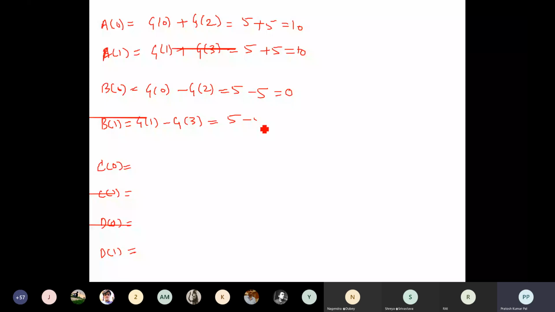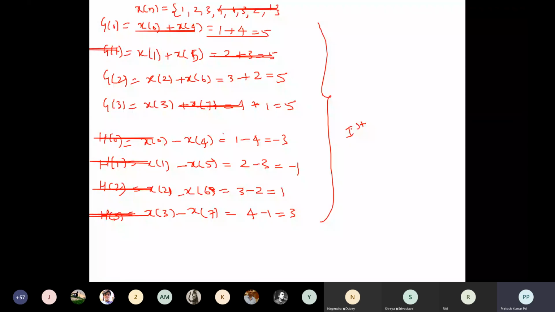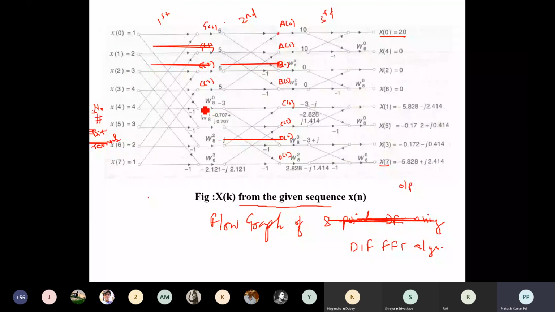The next we need to find out is c of 0. So c of 0 will be h of 0 multiplied by W8 0, which is 1, so whatever value is there, minus 3, will remain minus 3. This is added with h of 2 multiplied by W8 2.